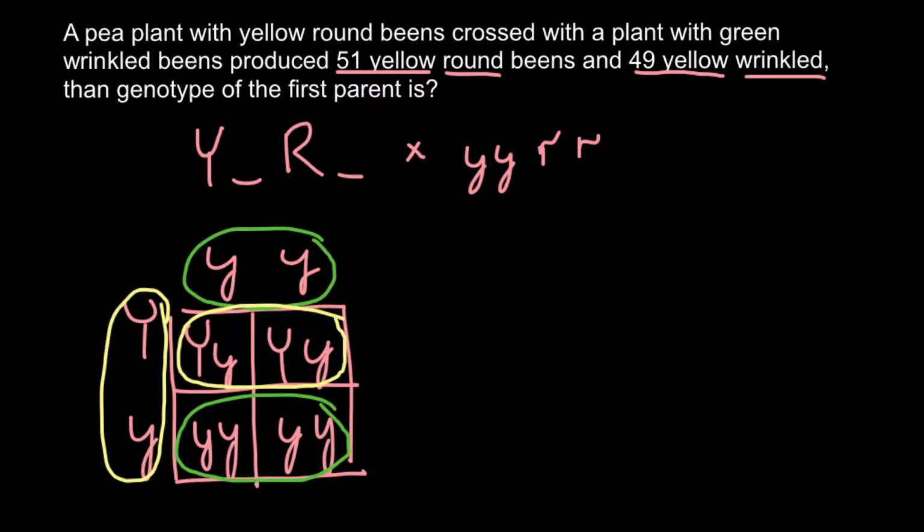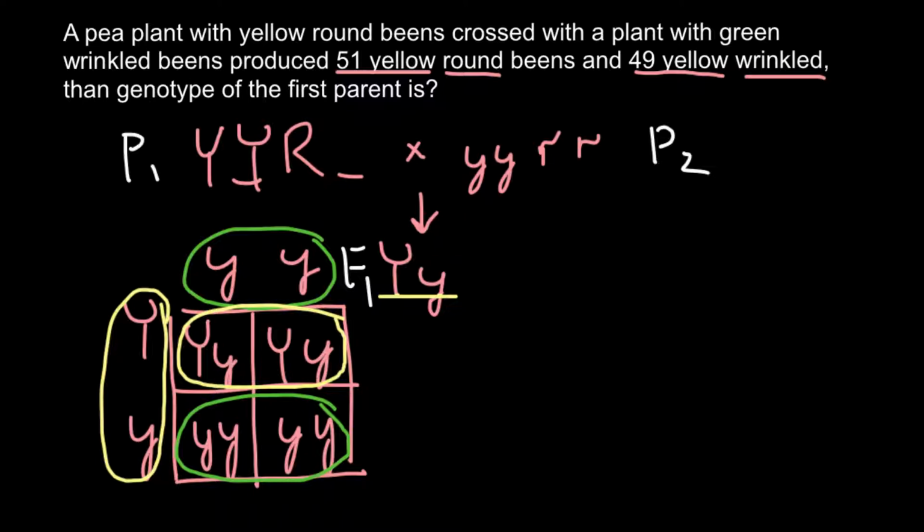That means the genotype of this parent has to be capital Y capital Y, and in this case in the F1 generation, 100% of the progeny would be heterozygous for this trait and have yellow phenotype. So parent 1 has to be homozygous dominant for the first trait. Parent 1 and parent 2 here, and F1 generation here.